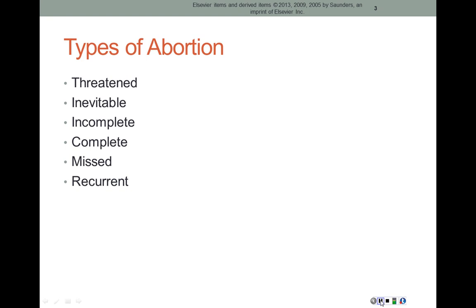And so sometimes we can just put a stitch into the cervix, and it helps hold everything in there for the term of the pregnancy. And then once it's time for the baby to be born, they can actually cut that stitch, and then the baby can be born.